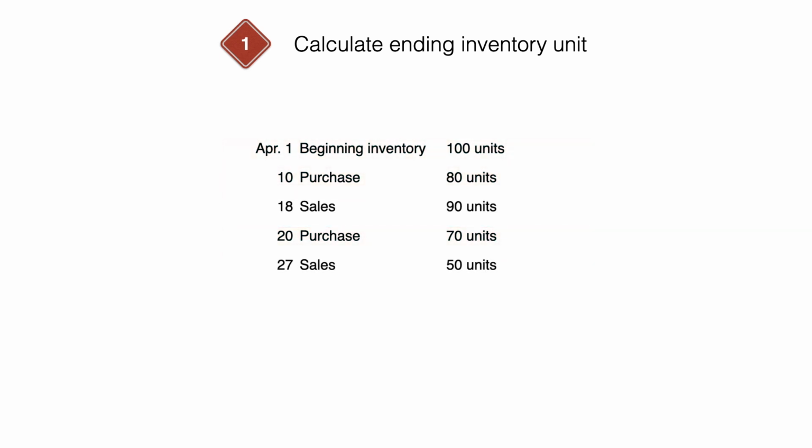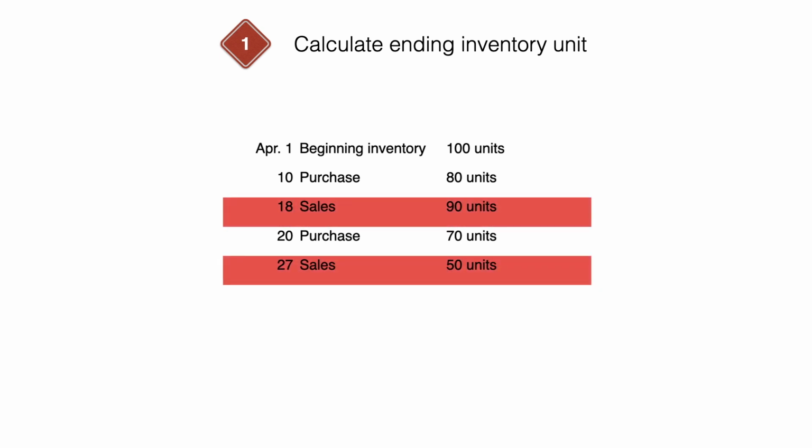Next, we calculate the units for sales. In this question, we total the 18 April and the 27 April sales, which sum up to 140.